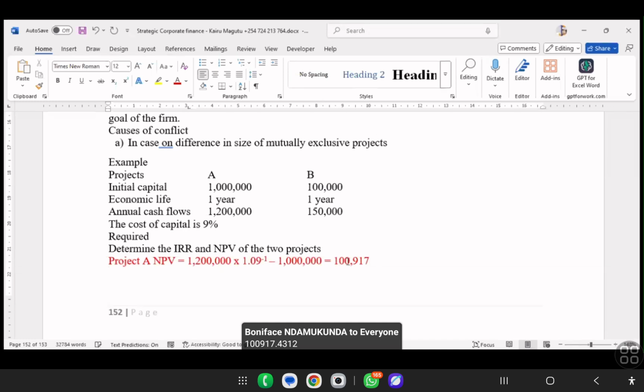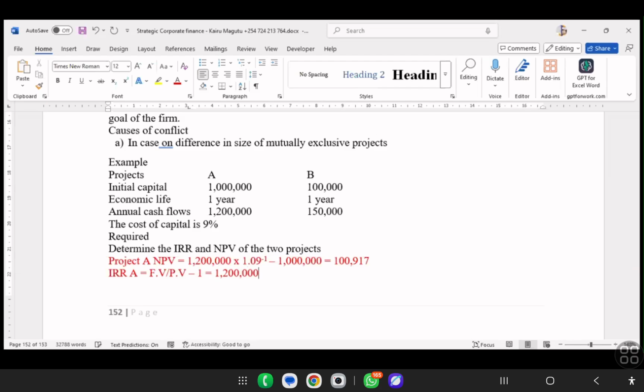Can we determine the IRR? IRR for project A is the future value divided by present value minus 1, which is 1.2 million divided by 1 million, minus 1.